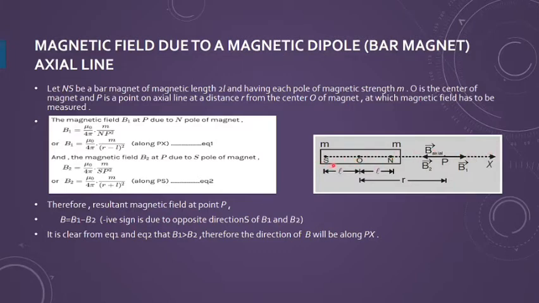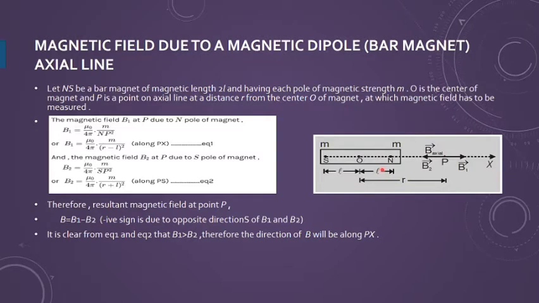This line is the axial line, OX. So you can write the value of B1 or B2 by that knowledge of Coulomb's law. We have to find the resultant magnetic field at point P due to this bar magnet which acts as a magnetic dipole.